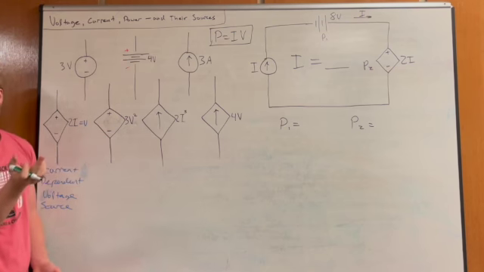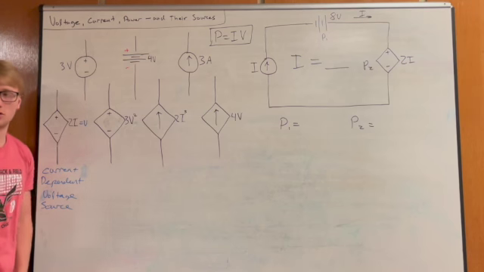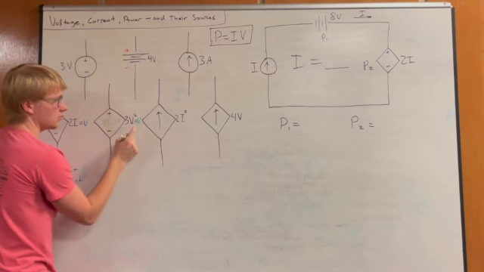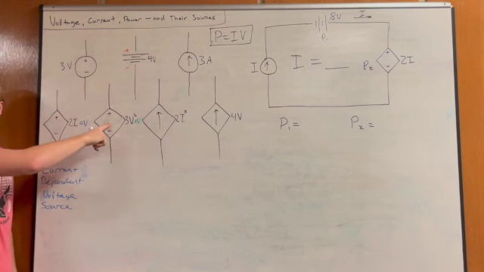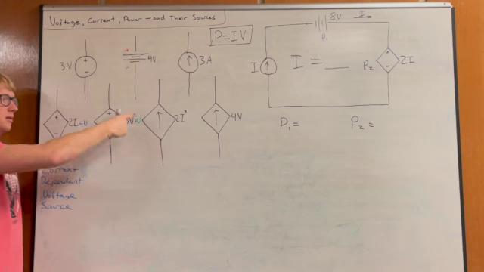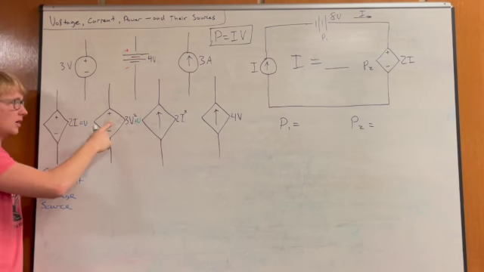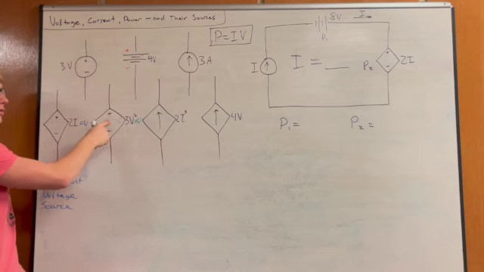So basically, you just plug it in for V, or in the other case, I. This is just a little equation that defines whatever number is associated with this. So this is a voltage dependent voltage source.